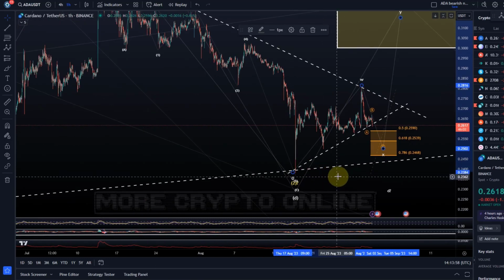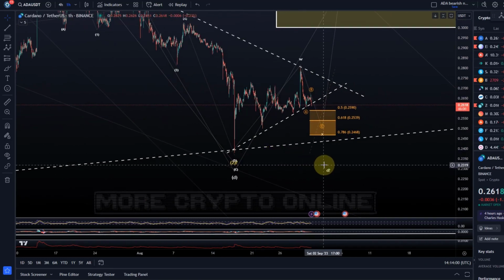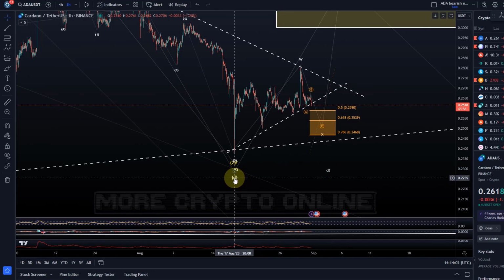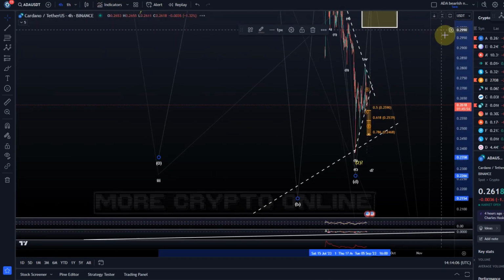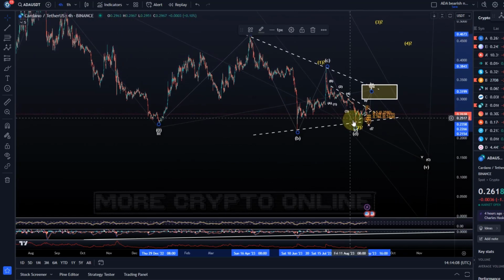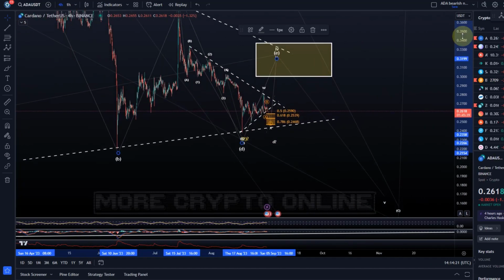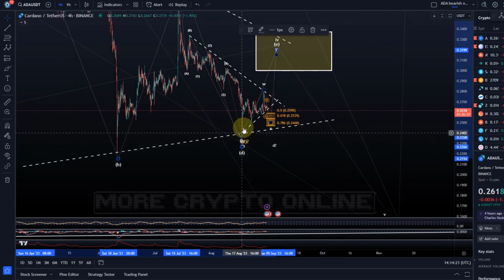If we go below that, then price is likely going to reset the D wave of the triangle. That means that at the moment, if we zoom out a little bit, we assume that we are already in the last wave or in the beginnings of the last wave of this triangle, which is the E wave, because a triangle consists of an A wave, a B wave, a C wave, D and E. And the D wave could be finished, but of course it could also still extend a little bit lower.